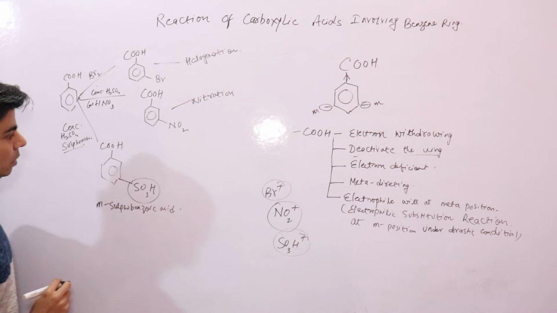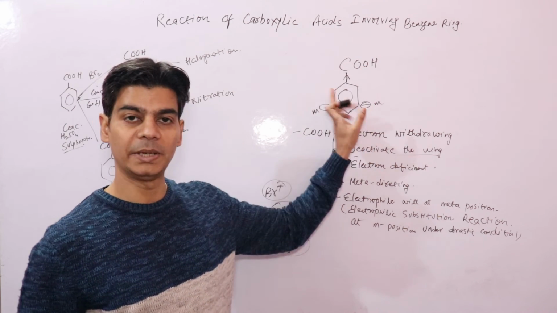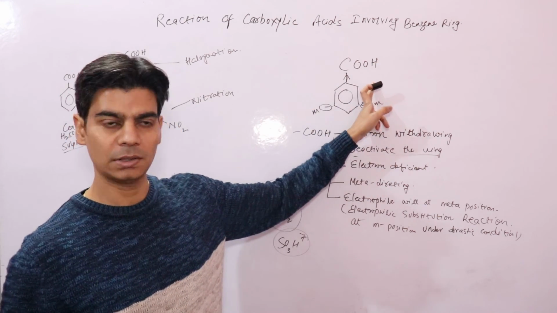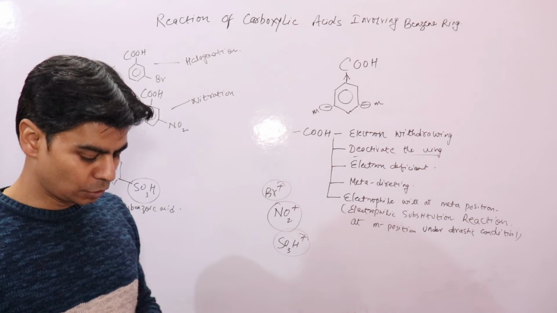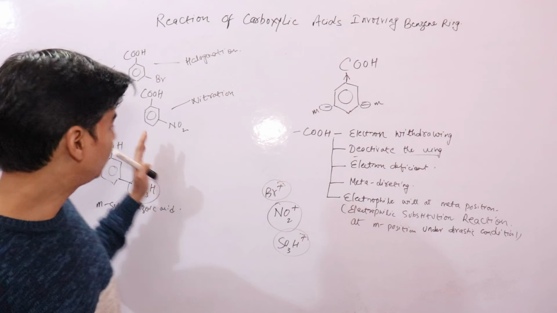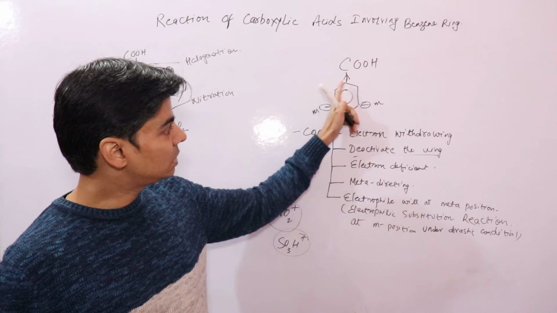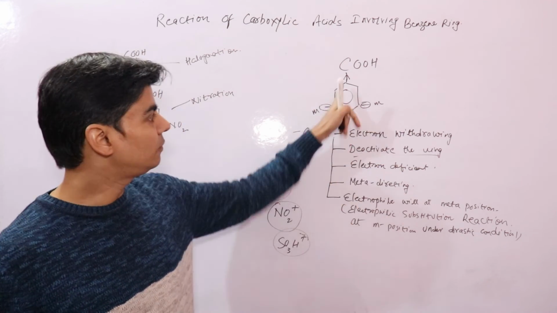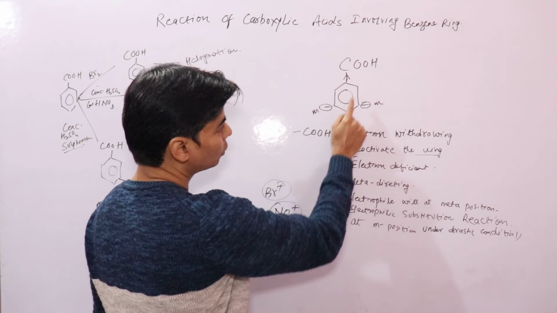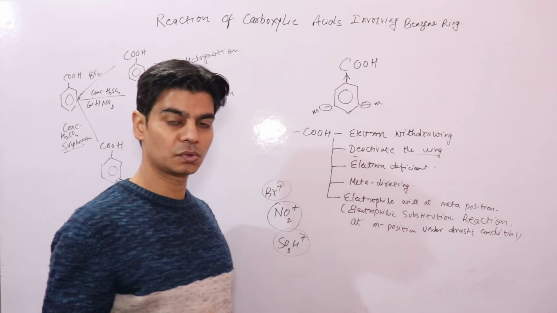So these are the properties of the benzene ring in benzoic acid, and this is due to the electron withdrawing nature of the carboxyl group. Due to this, it has deactivated the ring, so you need drastic conditions to carry out all these reactions. And since it withdraws electron density towards itself, it makes the ortho and para positions electron poor, and only the meta positions are electron rich.